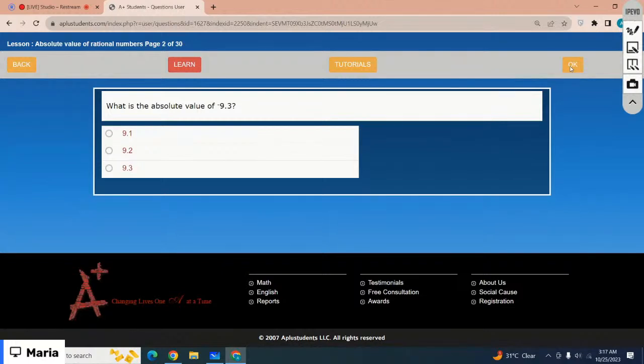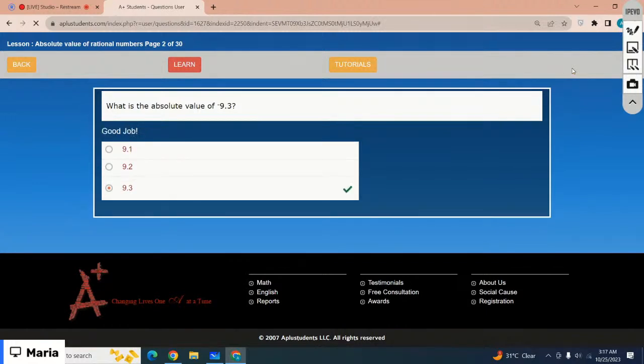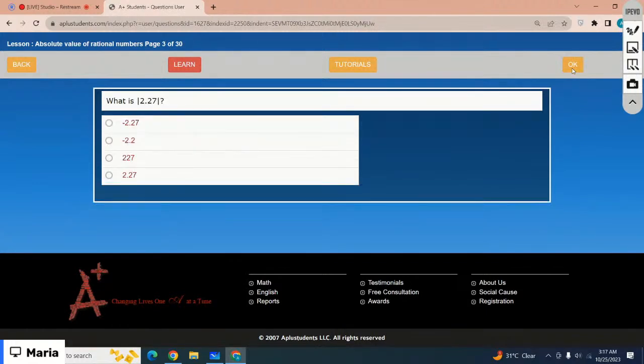Which is the correct option? Yes, that is 9.3. What is the absolute value of 2.27?